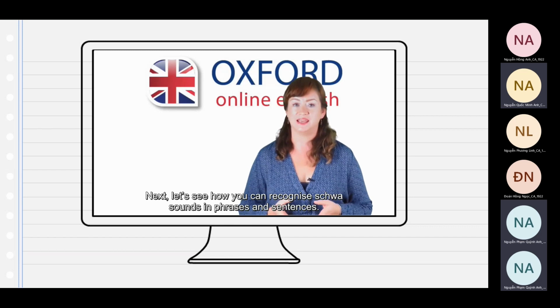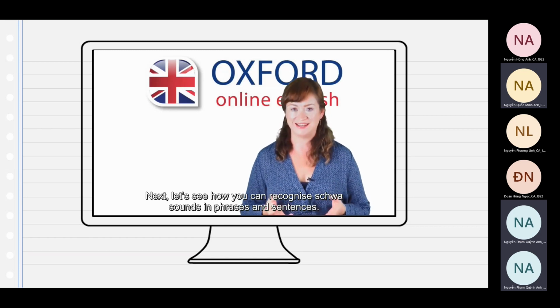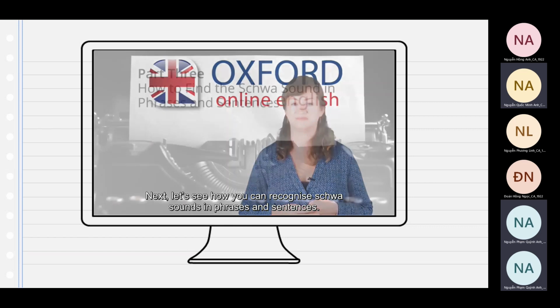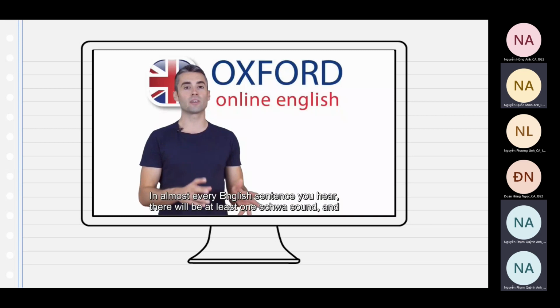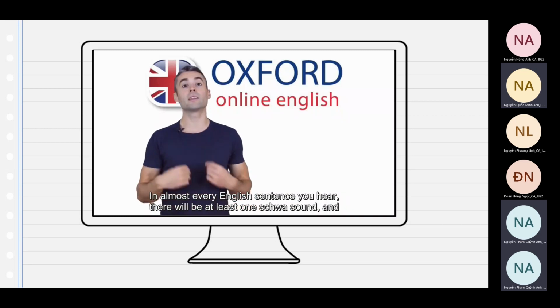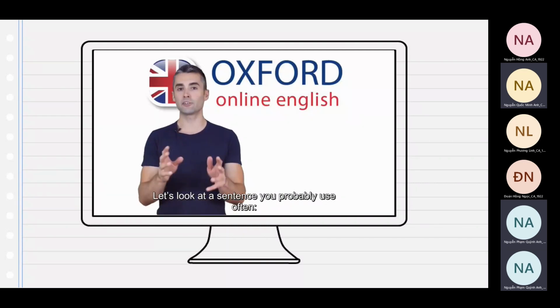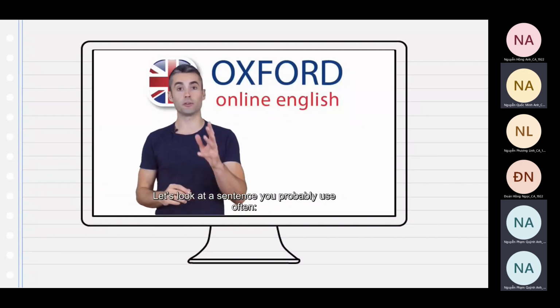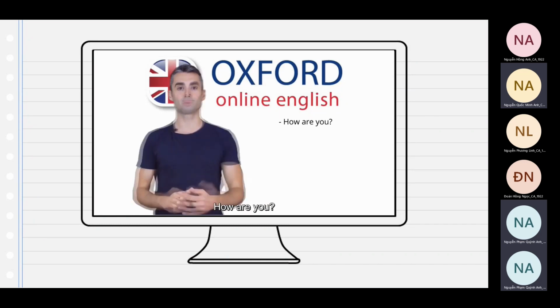Next, let's see how you can recognize schwa sounds in phrases and sentences. In almost every English sentence you hear, there will be at least one schwa sound, and probably more. Let's look at a sentence you probably use often. How are you?